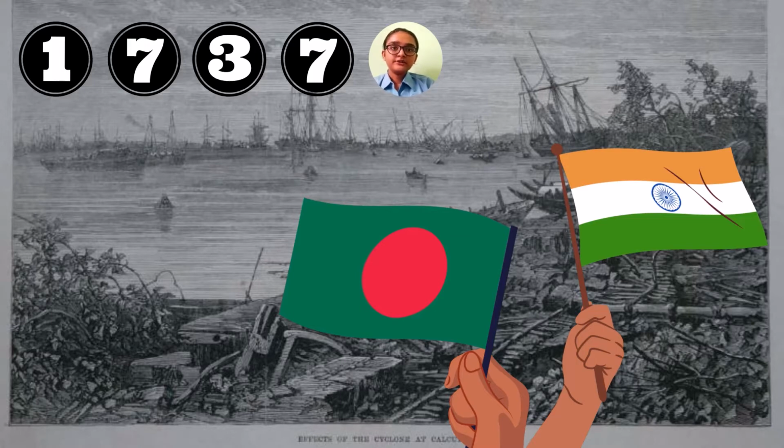The cyclone led to the deaths of 30,000 to 350,000 people, mostly focused in Calcutta. It is also thought that villagers in East Bengal and Bangladesh died as a result of the cyclone. Additionally, the Hooghly River cyclone destroyed 20,000 vessels.